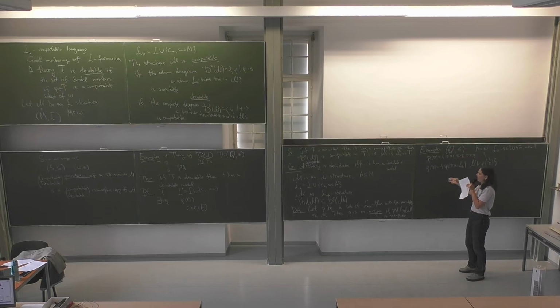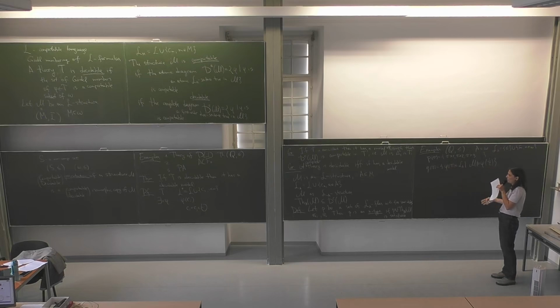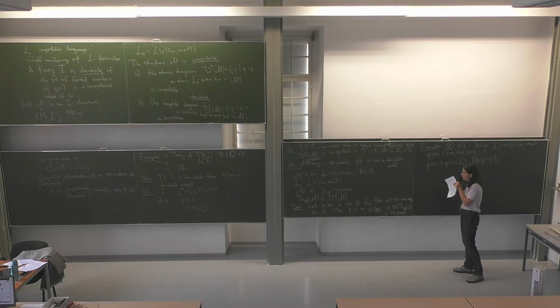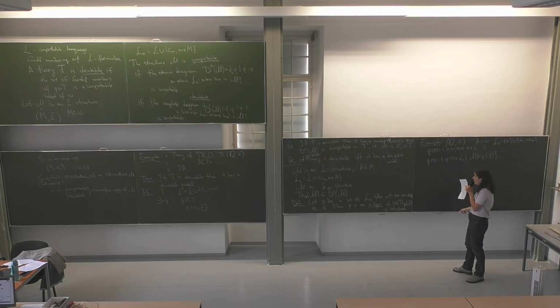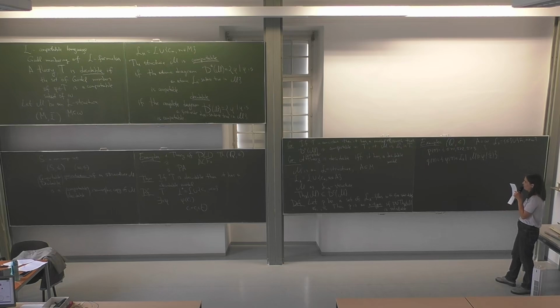A type may be realized in some structure, meaning that all of those formulas are true in a model, or it may be omitted in a model, meaning that some of those formulas are not true. Okay, and so we're going to talk about realizability and omitting types in the effective context.